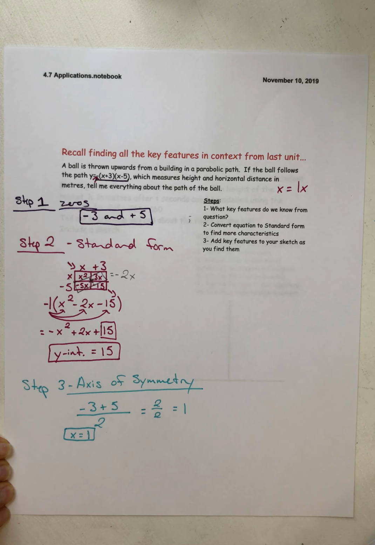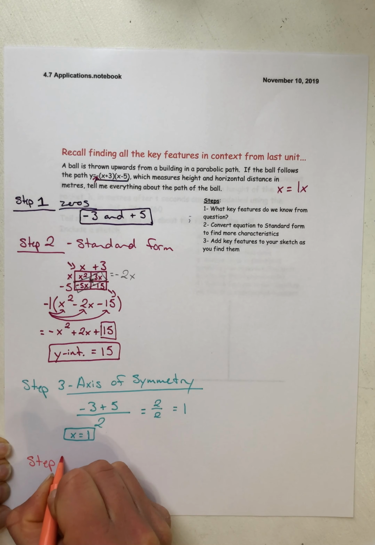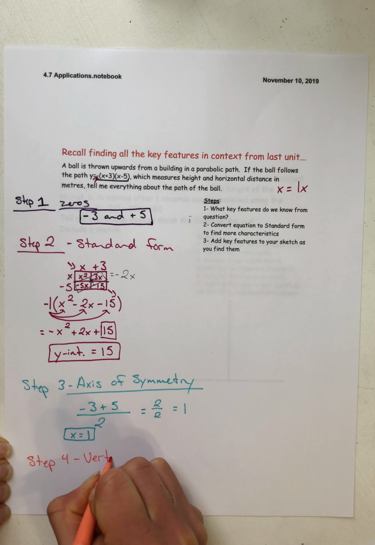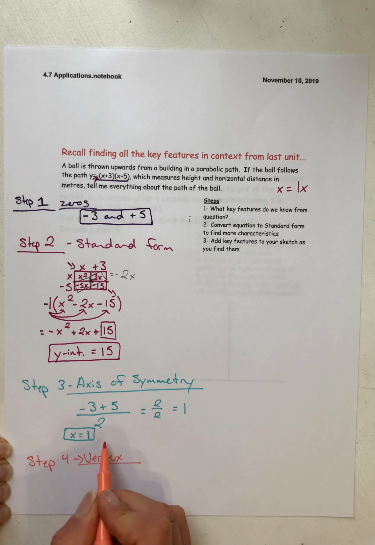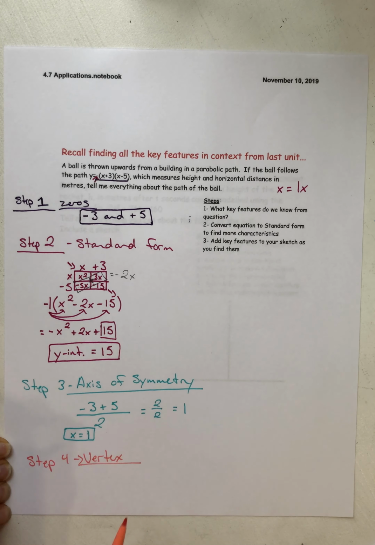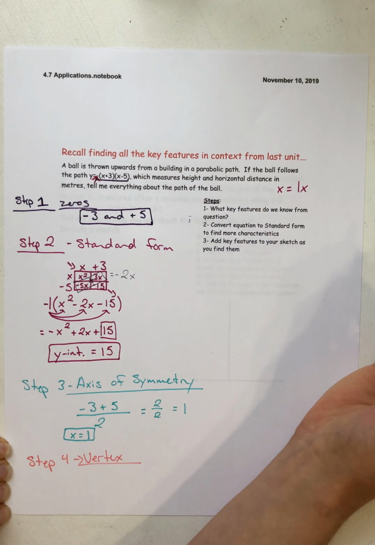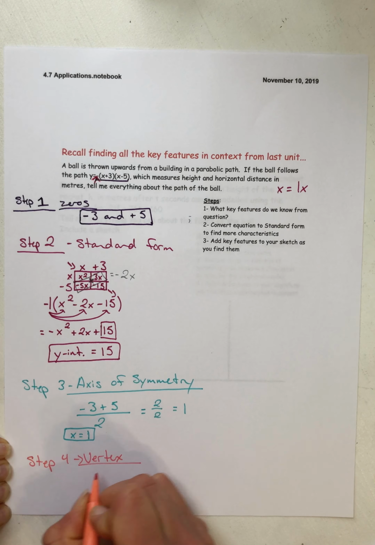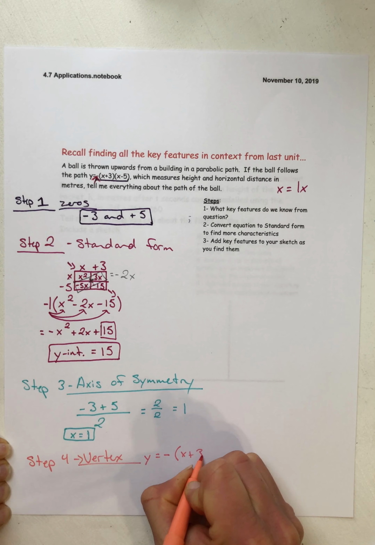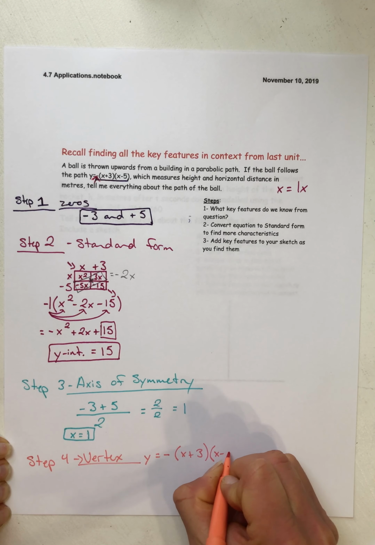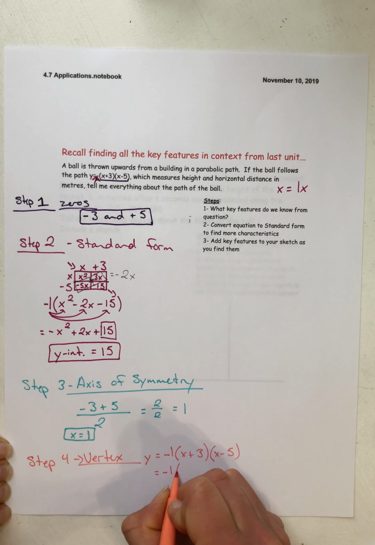And then what we're going to do, I'm running out of colors again, our step 4 is our vertex, right? So we sub our x that we just found back into our factored form, not our standard form. So we have y equals -(x plus 3)(x minus 5), which equals, don't forget your negative, you can even put a 1 in there if you need.